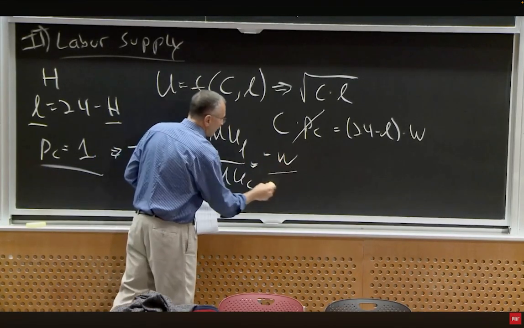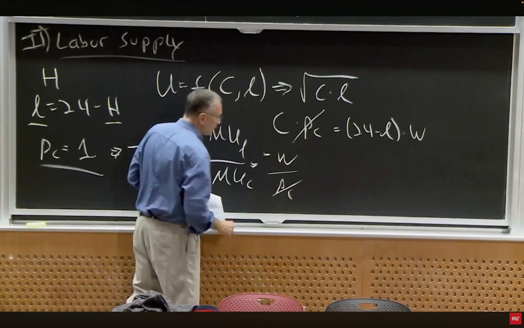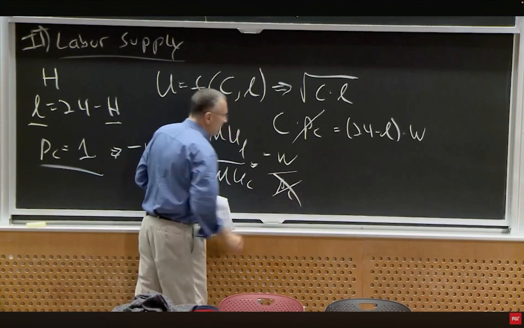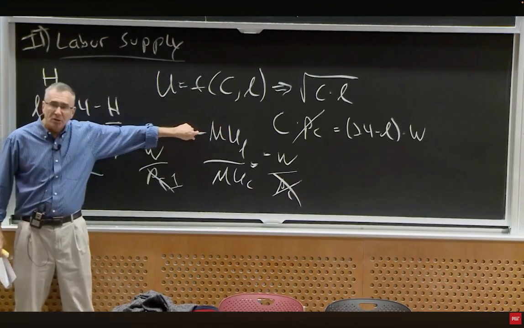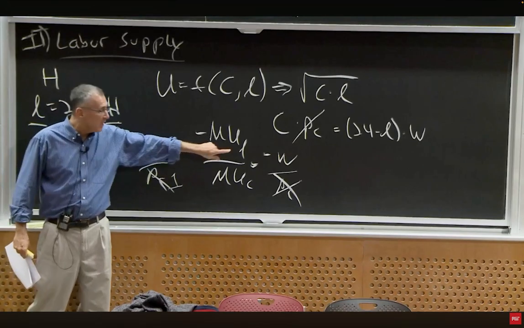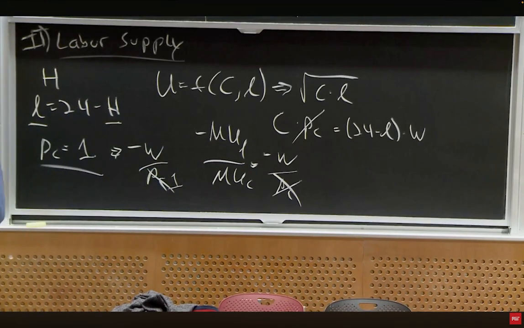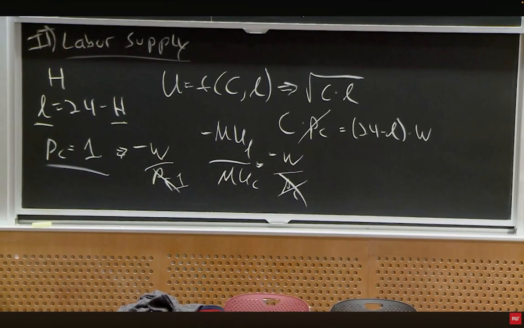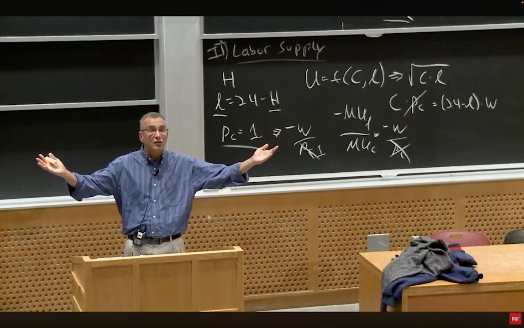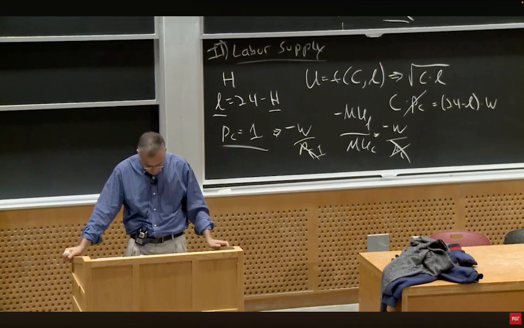Once again, over the price of consumption, but price of consumption we normalize to 1. So you want to set the marginal utility of leisure over the marginal utility of consumption equal to the wage. That's the optimization condition. That's just back to pizza and cookies, guys. Same thing, instead of pizza and cookies, it's leisure and consumption.